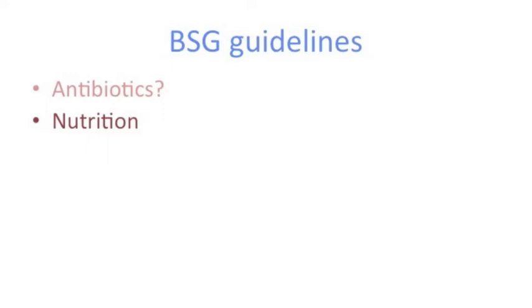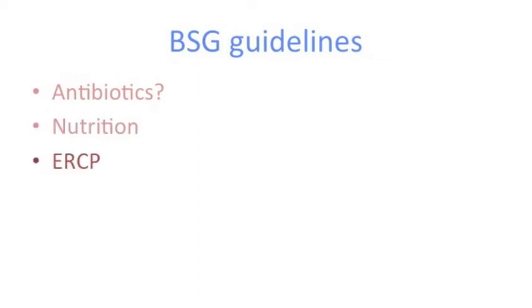Nutrition is very important, and patients should either be fed enterally, or if there is ileus, so the bowel's not absorbing properly, then parenterally. ERCP is indicated if there is evidence of gallstone pancreatitis in order to perform a sphincterotomy and drain the blocked ducts.